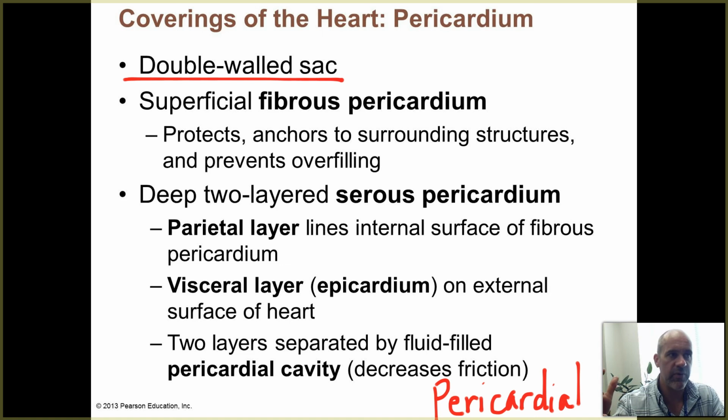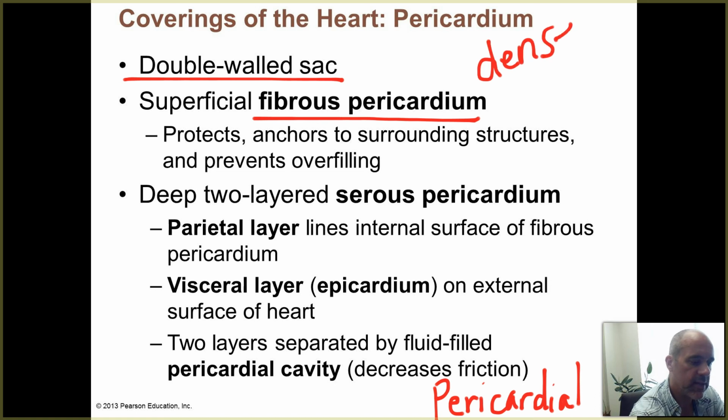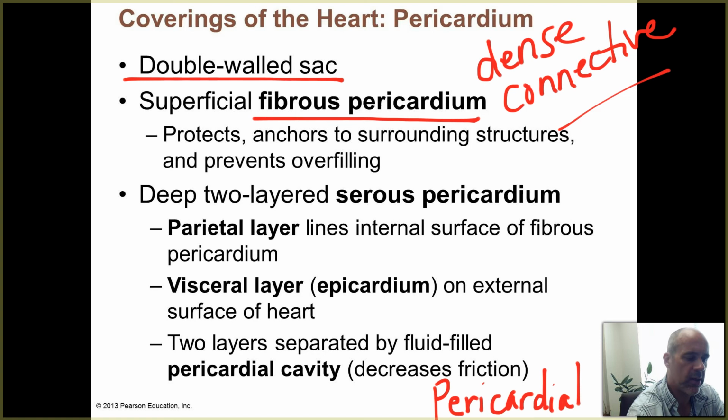So more superficial, there's actually a covering called the fibrous pericardium, which is made from dense connective tissues. Remember those? You're like, no, I don't want to have to remember tissues. Dense connective tissues has a very tough consistency, which makes sense. The heart's kind of important, so it's nice to have a tough fibrous covering around it.